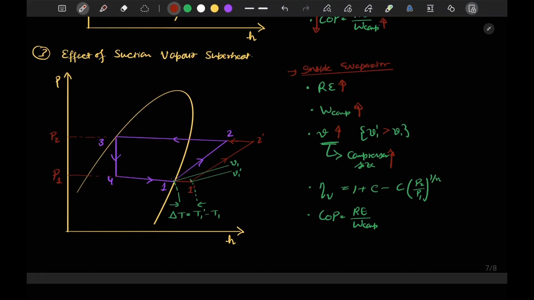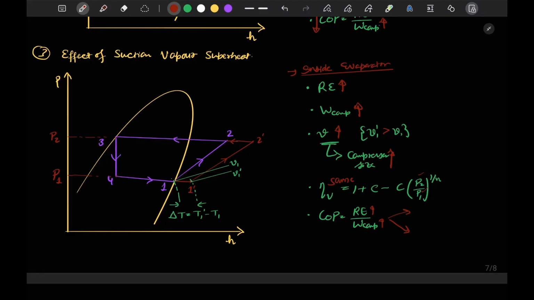Now if we talk about volumetric efficiency, P2 and P1 are both the same, so the volumetric efficiency will remain the same. Now if we talk about COP, both refrigeration effect and work input are increasing. Whether the COP will increase or decrease depends upon how much the compressor work and refrigeration effect are increasing or decreasing.